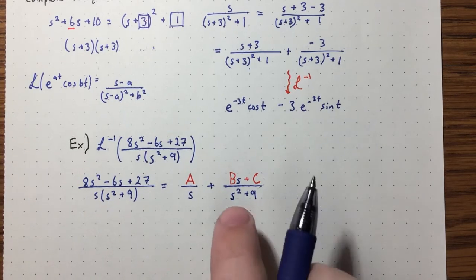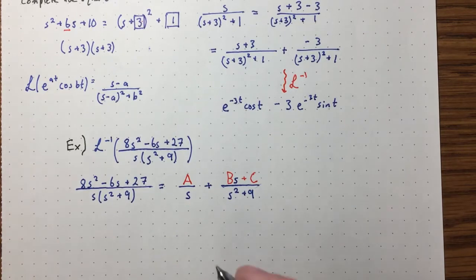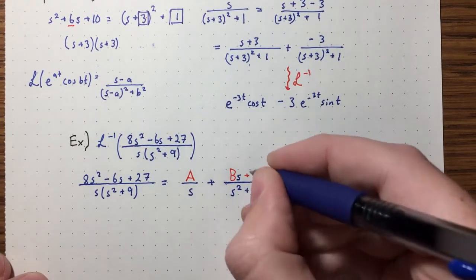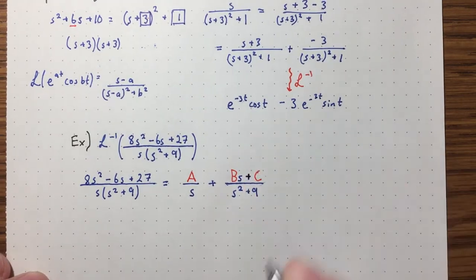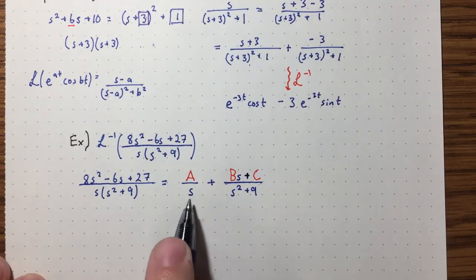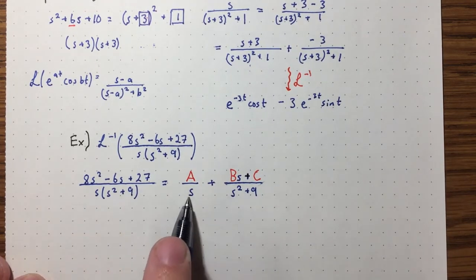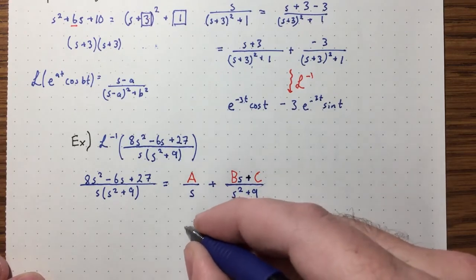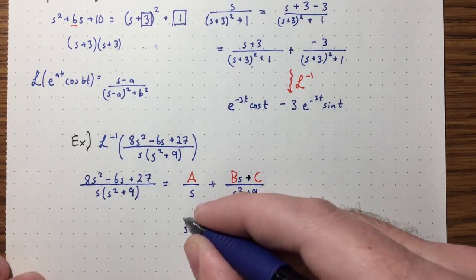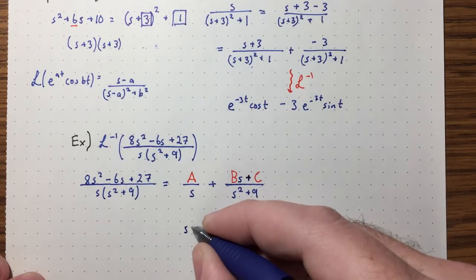Well, now what do we do? Well, let's try adding these together. Our common denominator is going to be s times s squared plus 9. So this one here I need to multiply by s squared plus 9 over s squared plus 9.